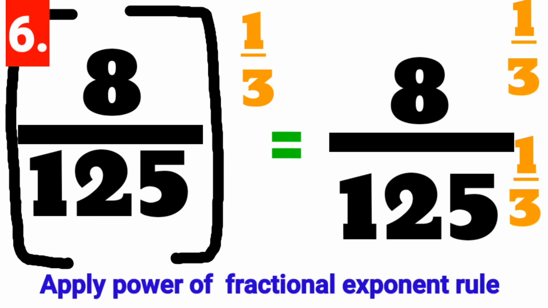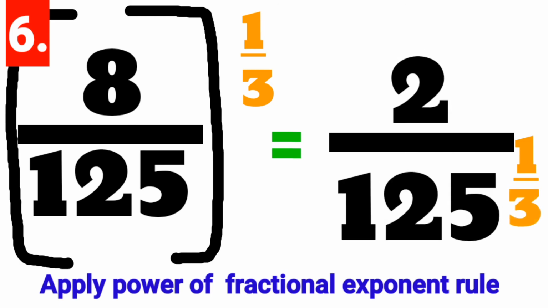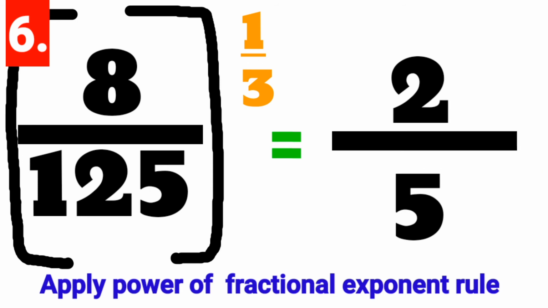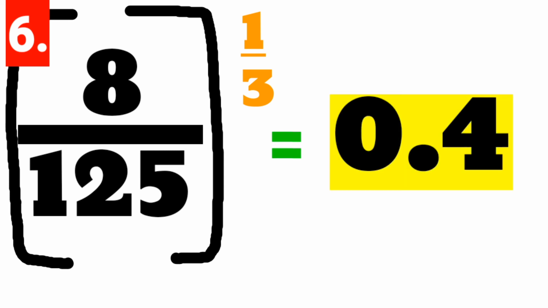Denominator 3 is the index and numerator 1 is the power. The cube root of 8 is 2 and the cube root of 125 is 5. So the answer is 2/5 or 0.4.